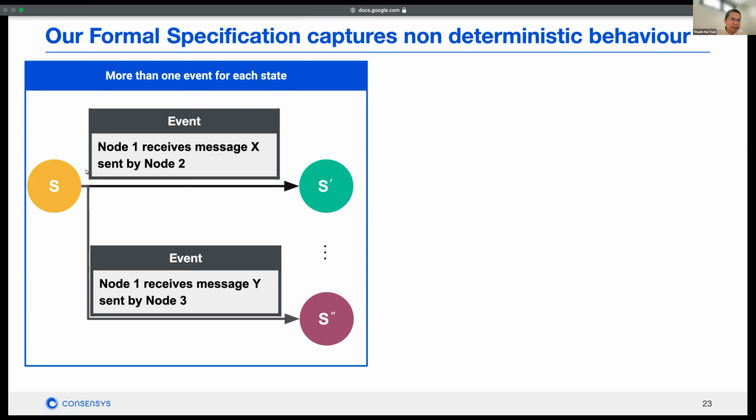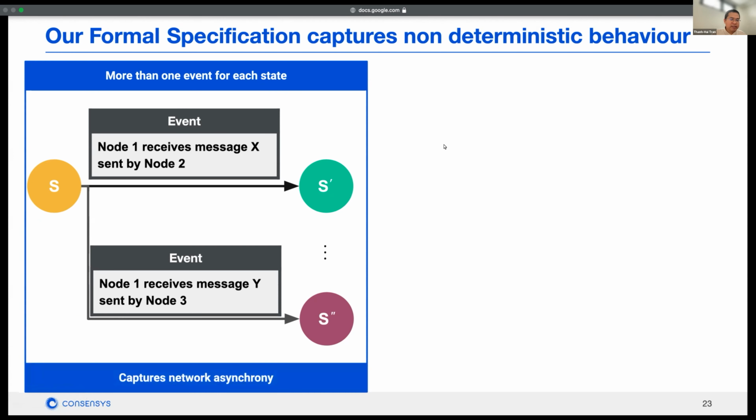For example, here you can see that if we are standing at a state S, then from state S, we can move to state S prime or S double prime by using two different events. The first one is that node 1 receives message X from node 2, and the second is that node 1 receives message Y from node 3. This feature allows us to capture the behavior of a network.